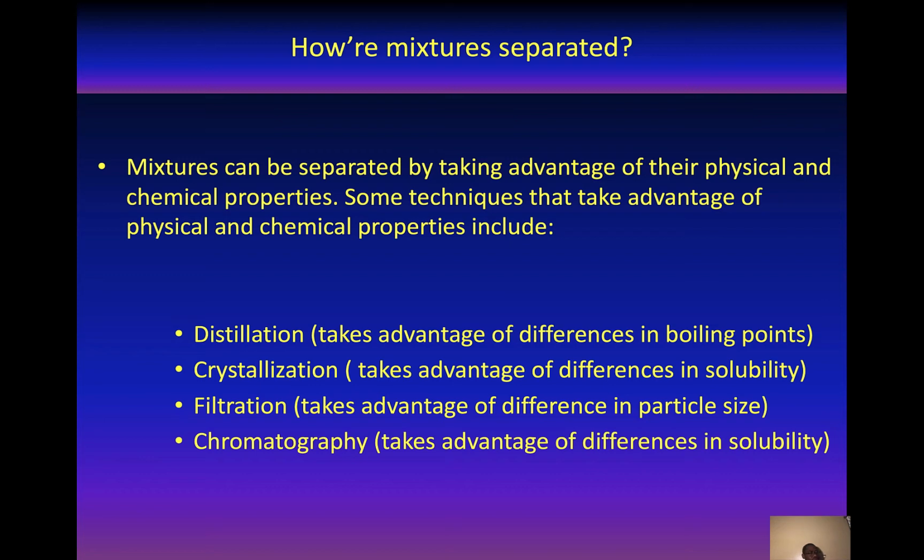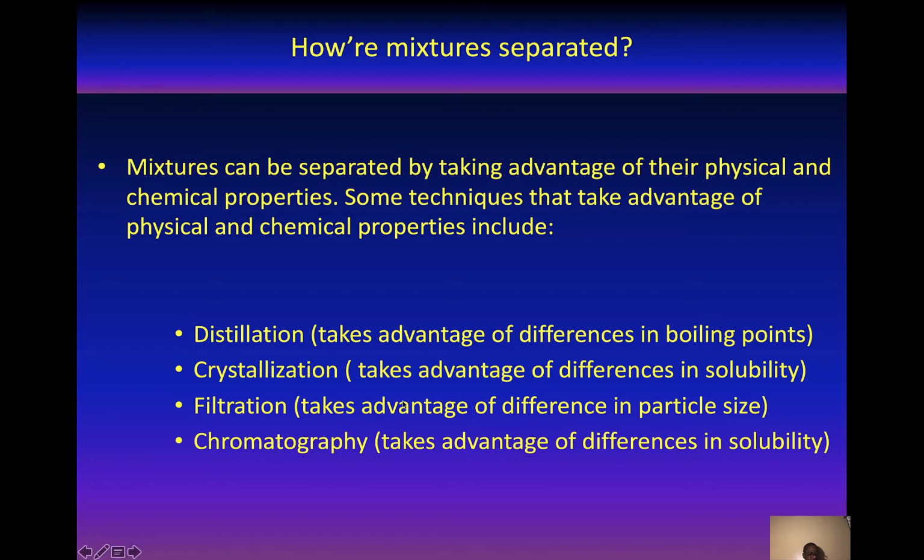Once you heat them up in the distillation apparatus, the chemical with the lowest boiling point will boil off first, followed by the next, and next, until all the chemicals are separated. So distillation is a common technique for separating mixtures.